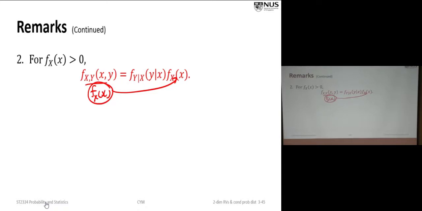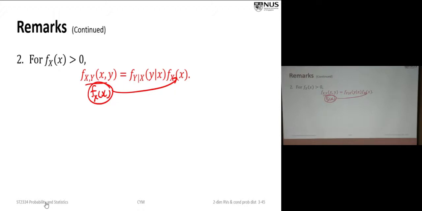The first one is how x behaves alone, the marginal of x. Then the second factor is how y behaves given x equal to little x. So the product of these two will give you the joint probability density function. All right? So it goes both ways.